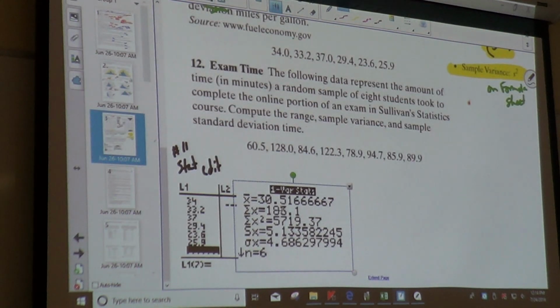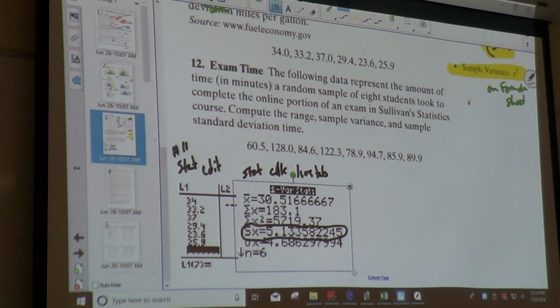Now, stat, calc, one bar stats, and the only thing I'm looking for is the standard deviation because I have to square that. Now, I can manually square that or I can copy it over and paste it and square it. Does not matter to me.